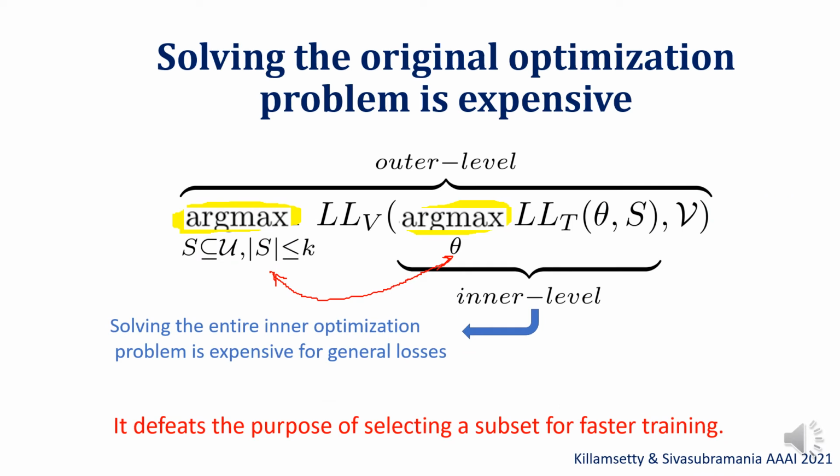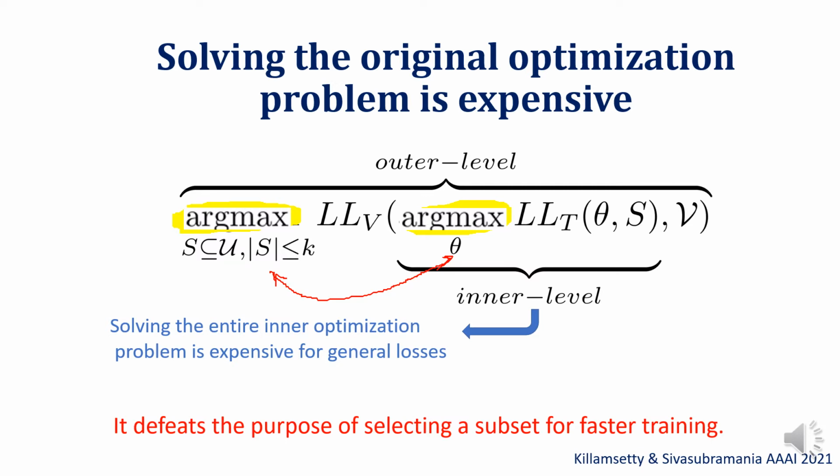However, this is not necessarily acceptable to us because solving the inner optimization problem, even in closed form, will still entail solving the outer optimization problem several times for every subset that you select. So it basically defeats the purpose of selecting a subset for faster training.